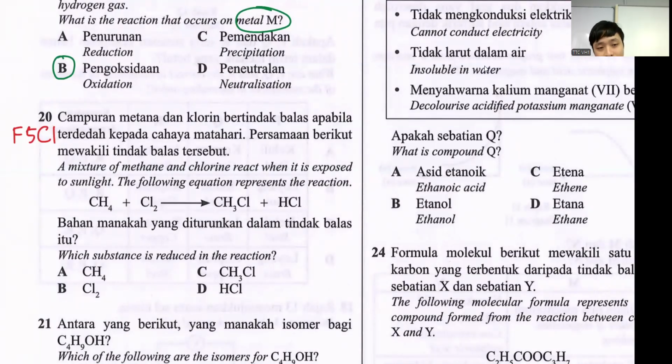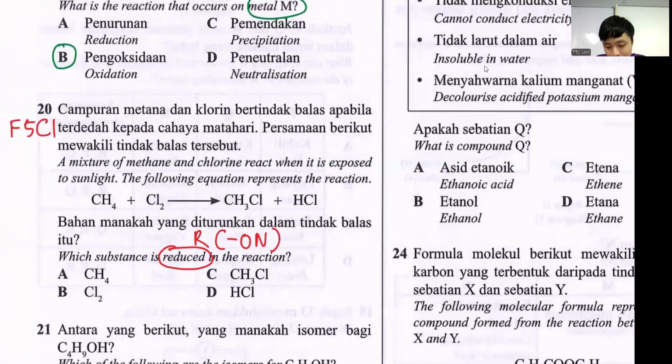The following equation represents the reaction. Which substance is reduced? Reduced means undergoes reduction. In this case, you can just imagine always a decrease in oxidation number. You check, it's the best way. Which element has the decrease in oxidation number?